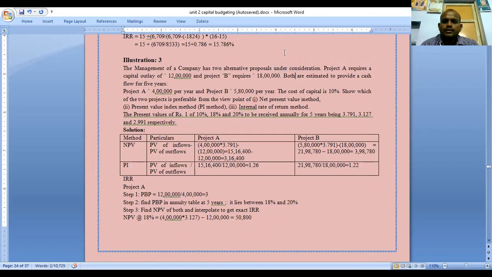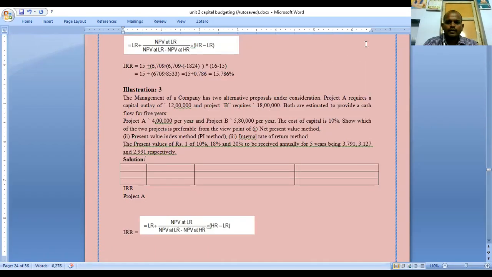Project A and project B. So project A requires 12 lakhs outlay and project B requires 18 lakhs. Both are estimated to provide cash flows for 5 years. So 5 years is the lifetime. Project A 4 lakhs per year and project B 5 lakh 80,000 per year.